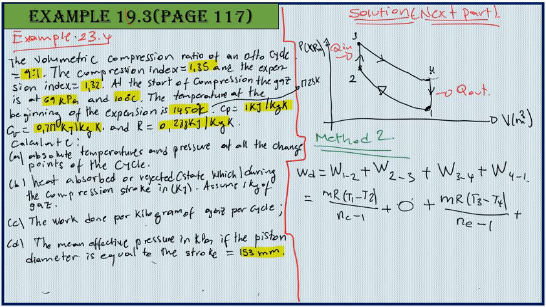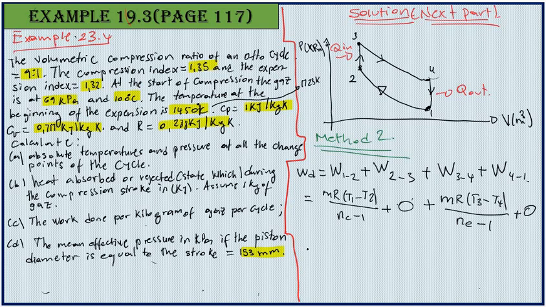So this process is also isochoric. It means a constant volume. So for isochoric process, the work done is 0, because the piston doesn't move from 4 to 1, because the volume is the same. So that's why the work done is 0. If the piston is static, there is no work done.